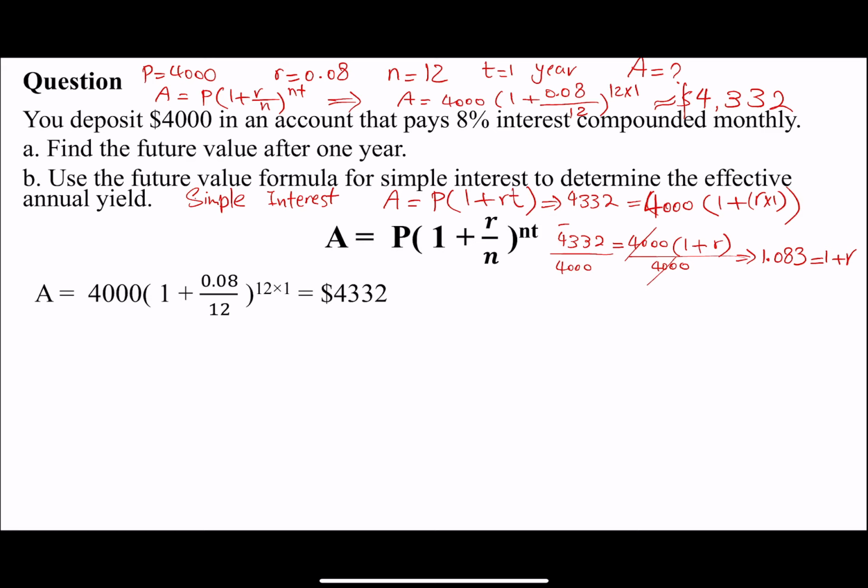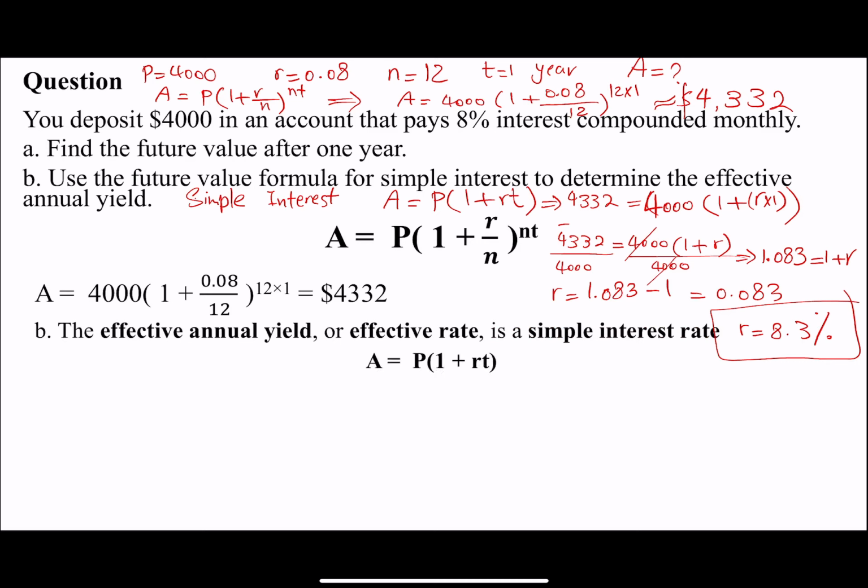So R is equal to 1.083 minus 1, which is 0.083. Change it to percentage, R is 8.3%. We call that the effective annual yield, right?